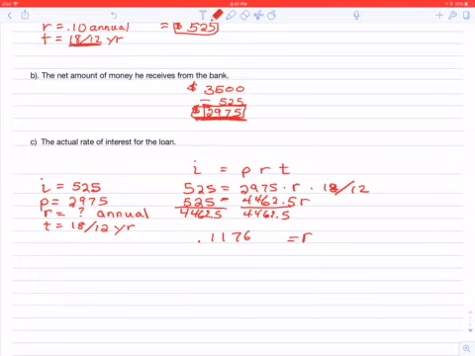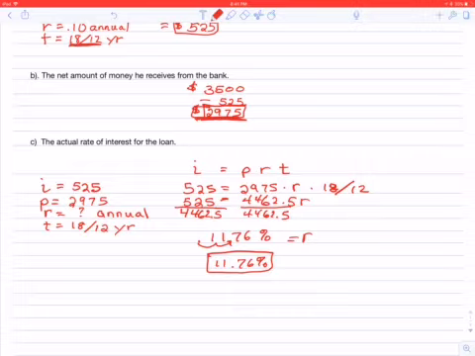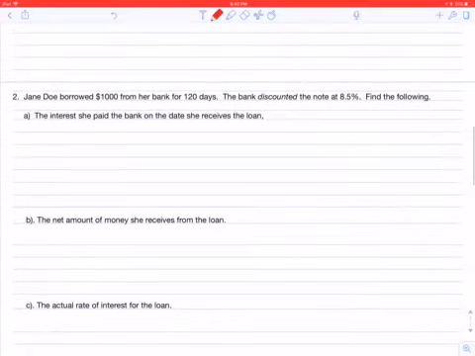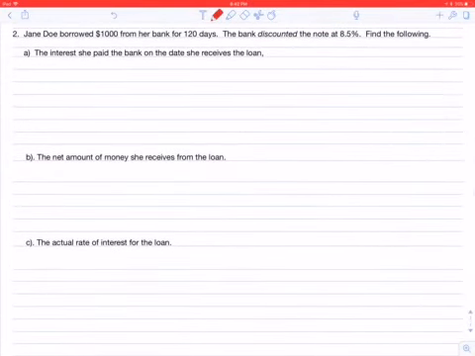So to go from a decimal to a percent, I'm going to multiply by 100, which moves the decimal point 2 places to the right, and I'll tack on a percent sign. So the actual rate of interest was 11.76%. It's a lot higher than the 10% that they advertised. It's a little deceptive.